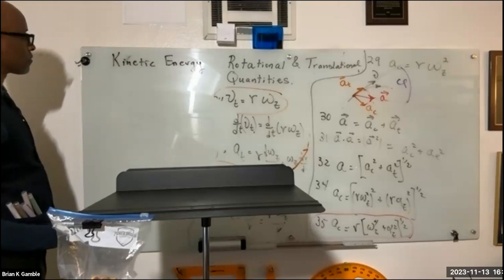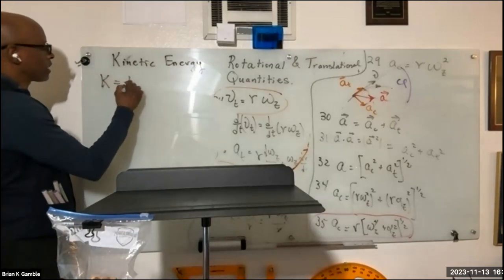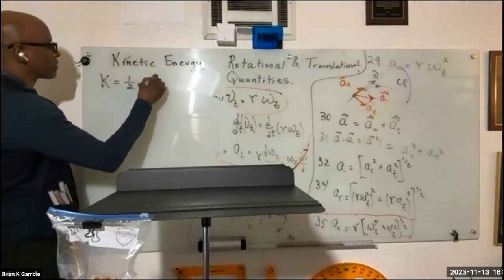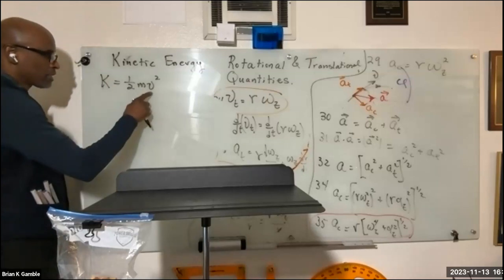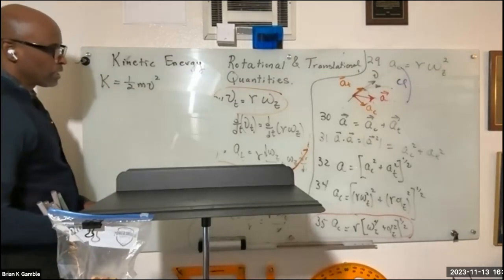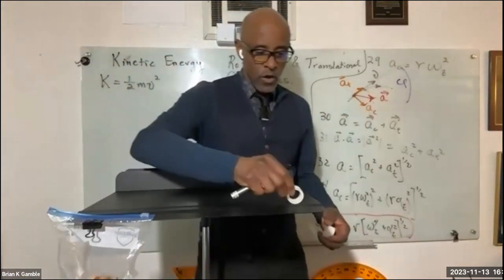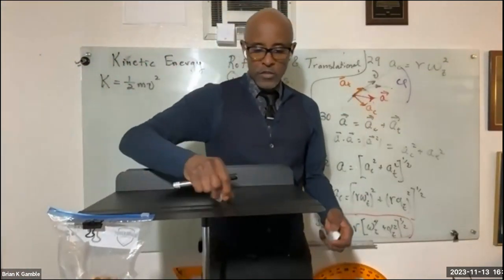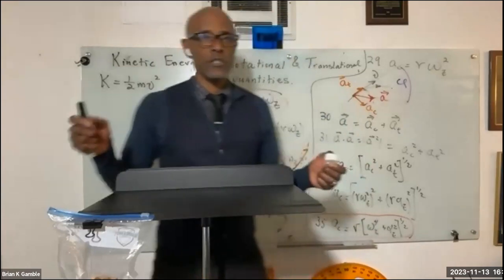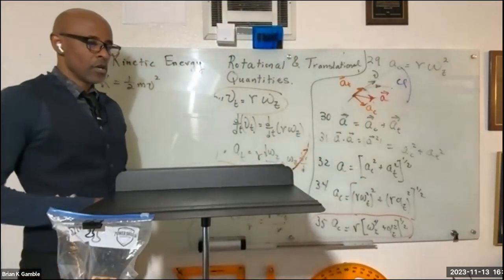So K is 1/2 mv squared, translational speed. Now, these things can roll. So if I roll it along, it's so obvious. So energy of motion. We're just now classifying rotation as a different type of motion, right?